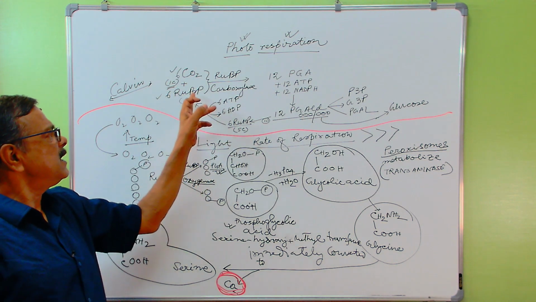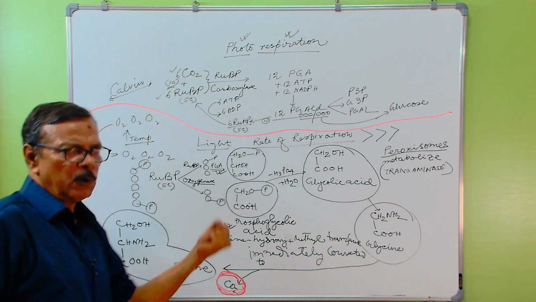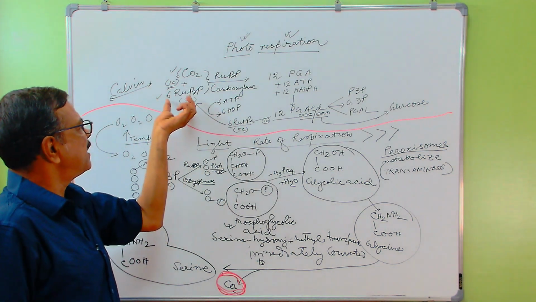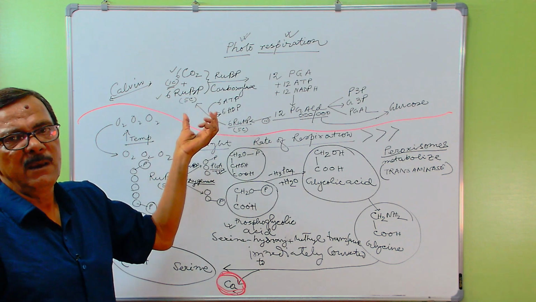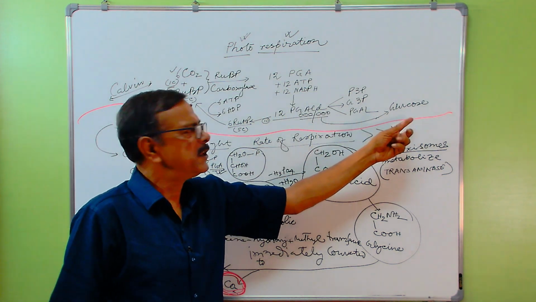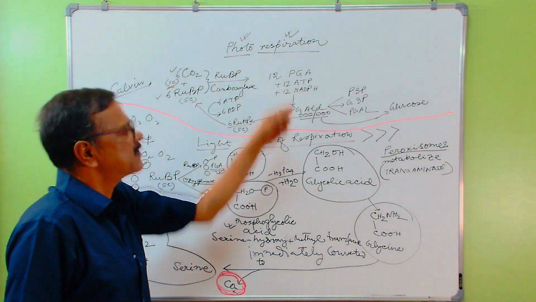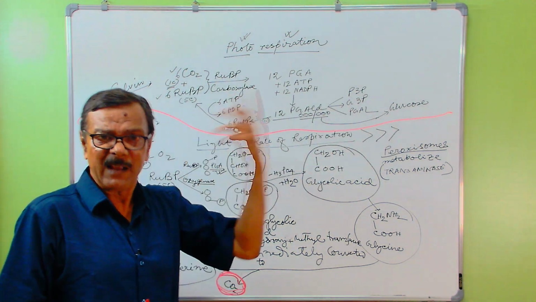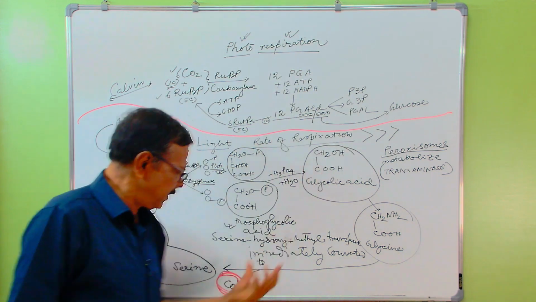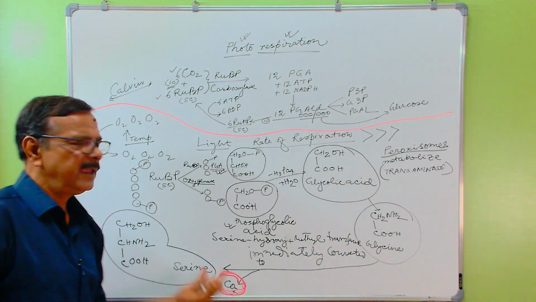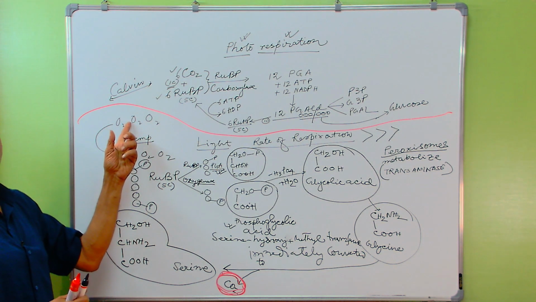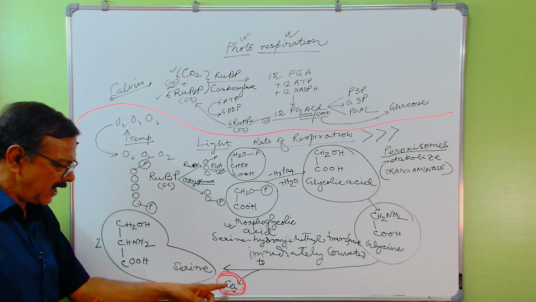Because in the absence of RuBP, no CO2 can be accepted. So they have to produce at least 6 molecules of RuBP. At the same time, they have to produce glucose, that is 1 glucose for 6 cycles. So they are taking hardship to incorporate carbon. That carbon is liberated when temperature and O2 concentration increase. So they are losing carbon.